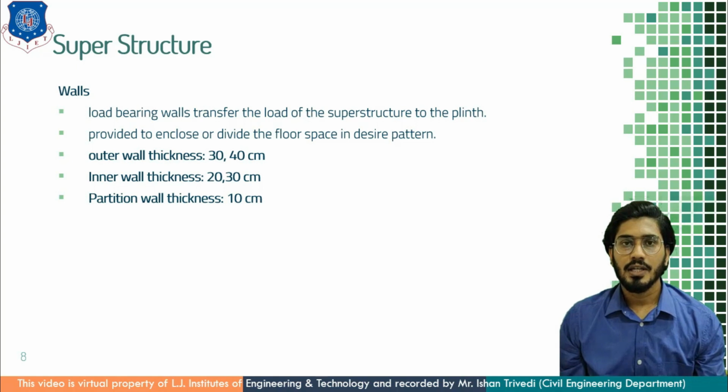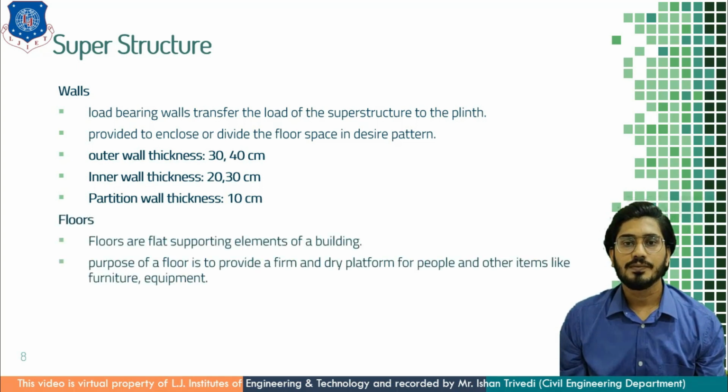The partition wall does not take any load coming from the roof slab or from the upper structure. Remember this, partition wall does not take any load coming from the roof or any superstructure.